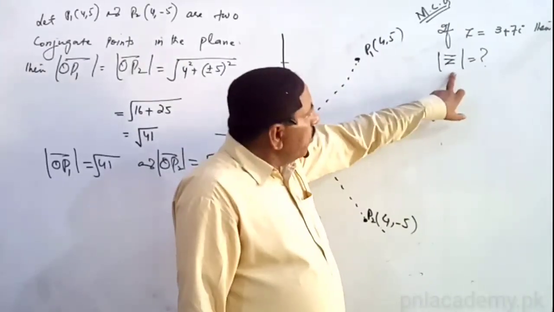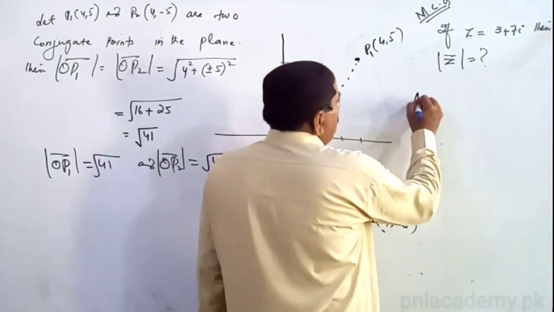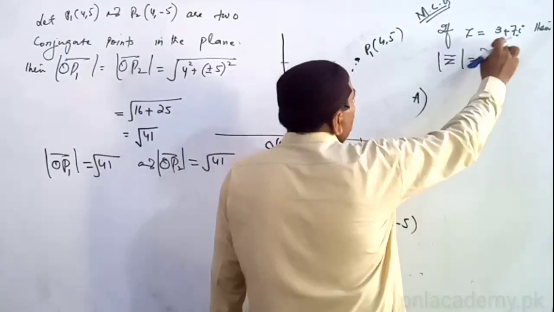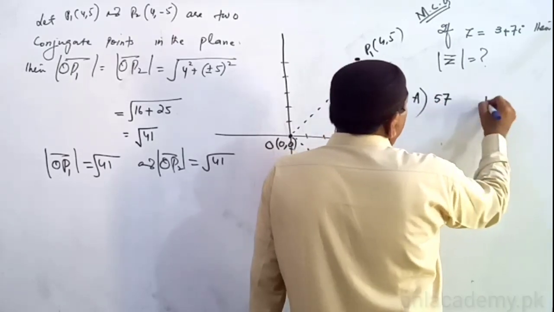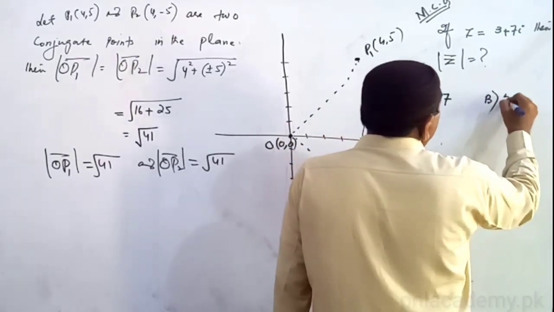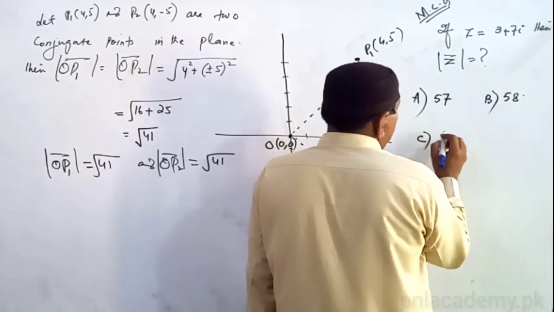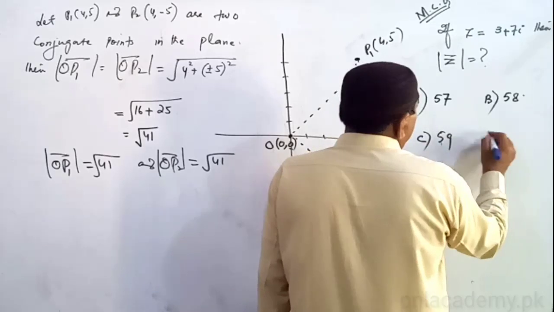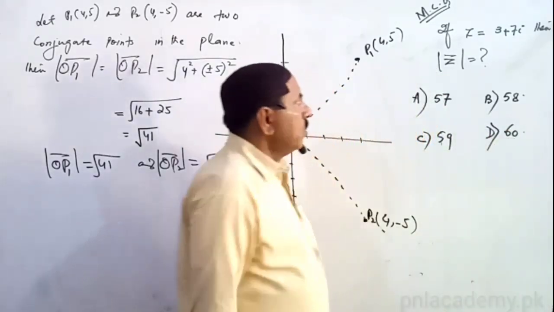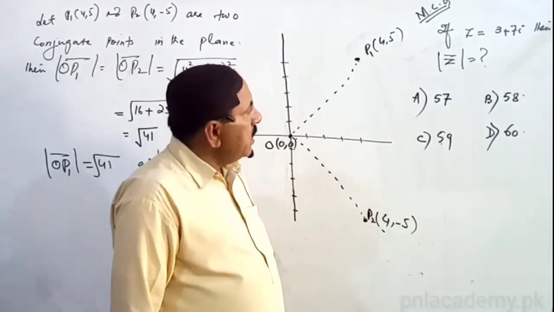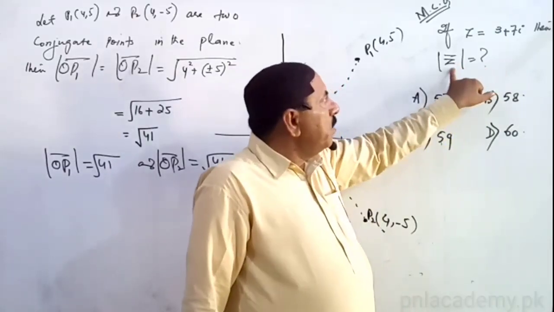The mod value of Z bar is equal to what? A is the option, B is the option 58, C is the option 59, D is the option 60.